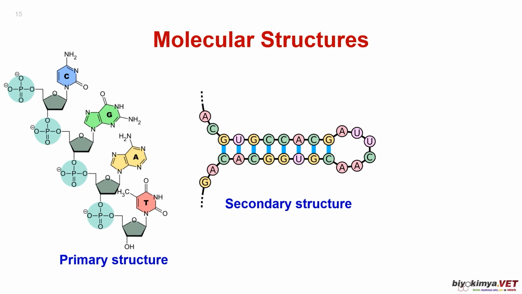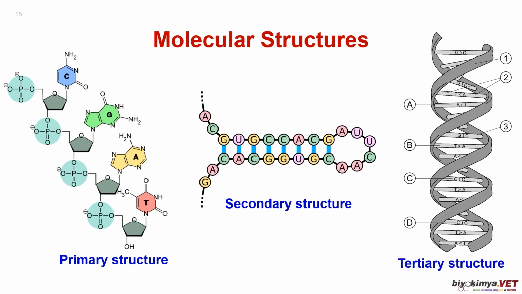For DNA, the secondary structure refers to the double polynucleotide chain, the pairing of nitrogenous bases between two polynucleotide chains. There is also a tertiary structure, which refers to the three-dimensional folded form of the nucleic acid molecule. For DNA, these are folded helical structures, and we will discuss A DNA, B DNA, and Z DNA. This also happens in the RNA molecule.